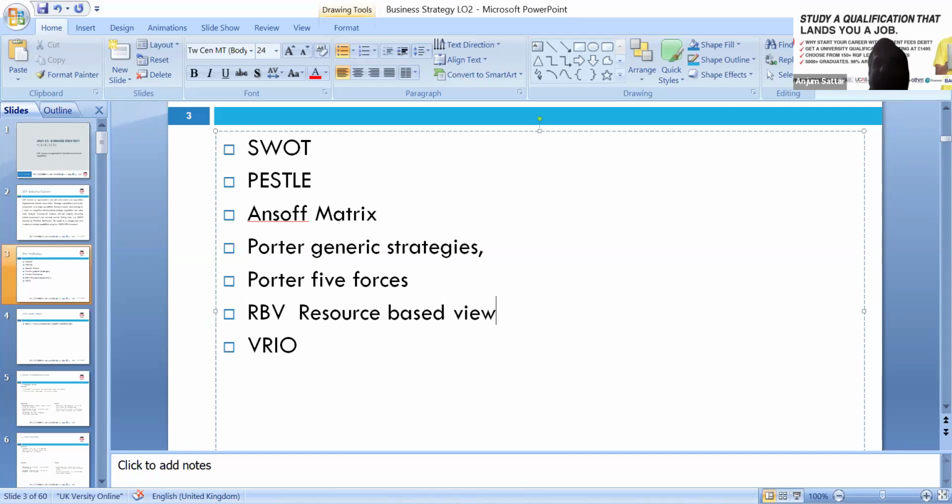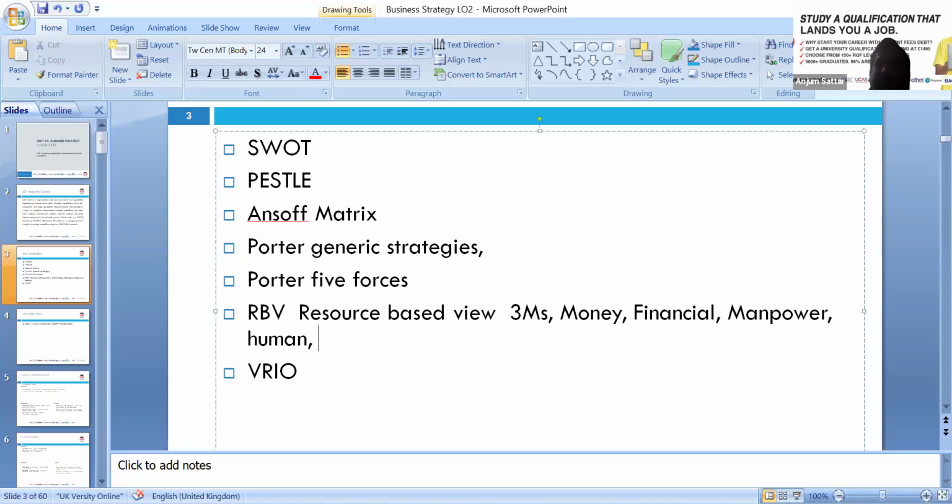There are three types of resources, the three M's: money, which is financial; manpower, which is human; and material, which means other assets such as buildings, plant and machinery. We will go through this in other units as well.